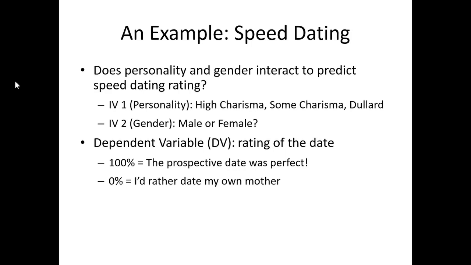So in speed dating, if you aren't aware, they have 2 sets of tables and people kind of rotate in and out, and you rate the different people you talk to, and then you might end up on a date. So the dependent variable is rating. So 0% would go out with, again, 100%, yay, things are wonderful. And we're seeing if the date's charisma and the gender of the person makes a difference. Okay.